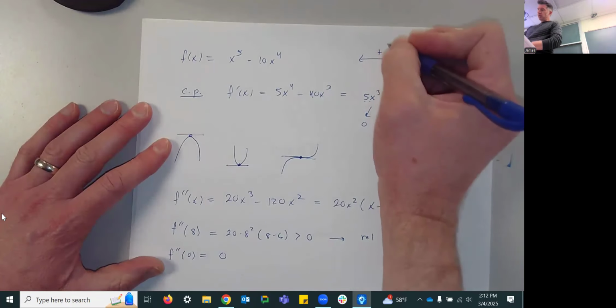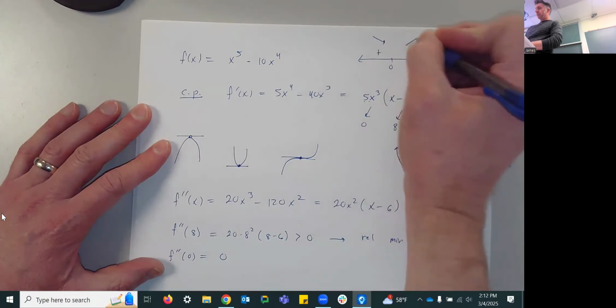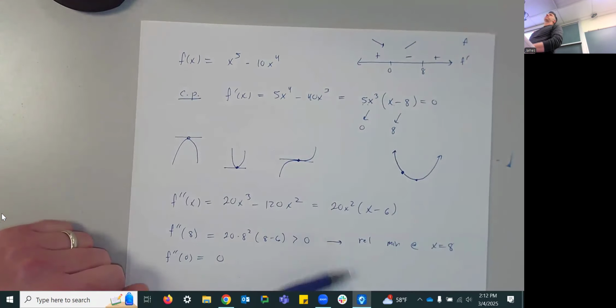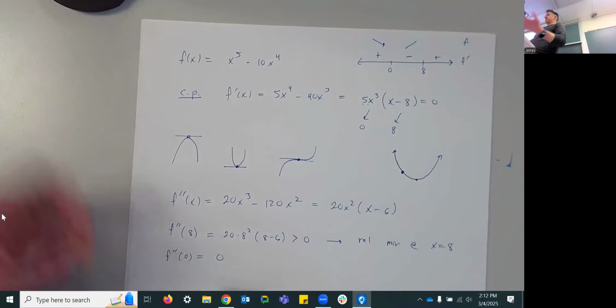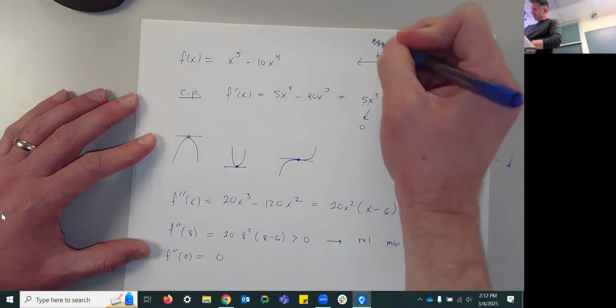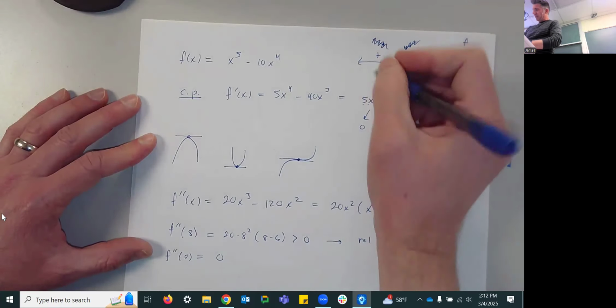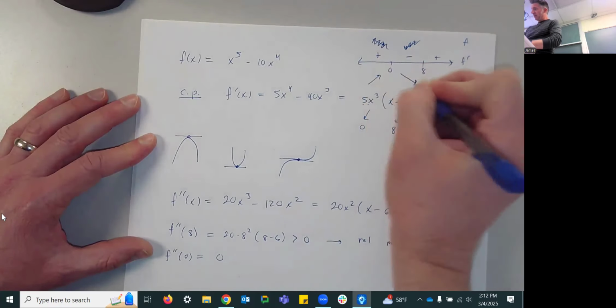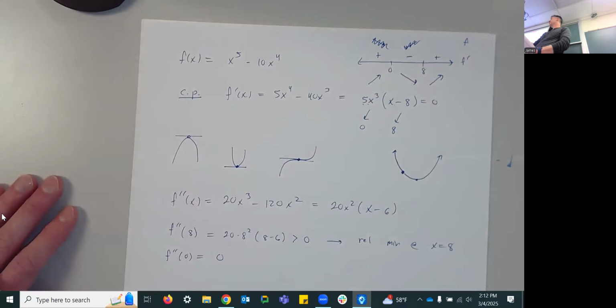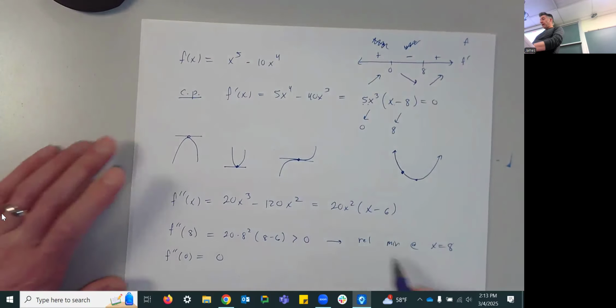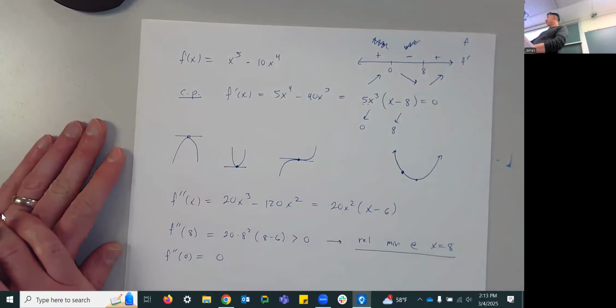Our function is increasing, then decreasing, then increasing. So we have a relative minimum at 8, like the second derivative test told us we did.